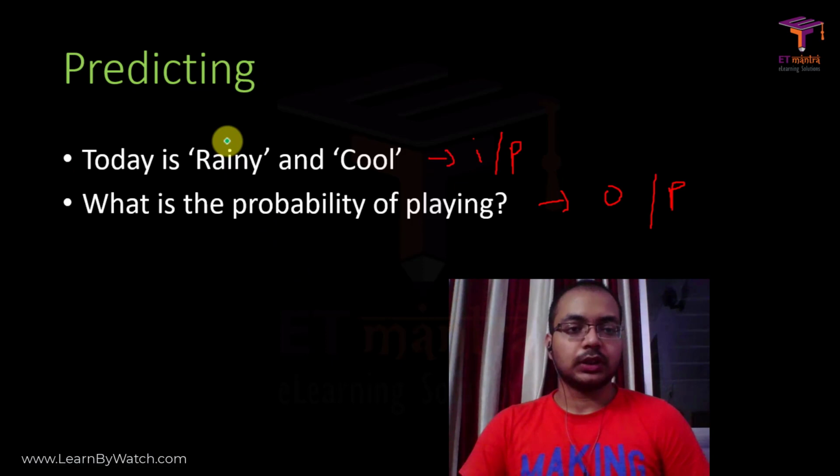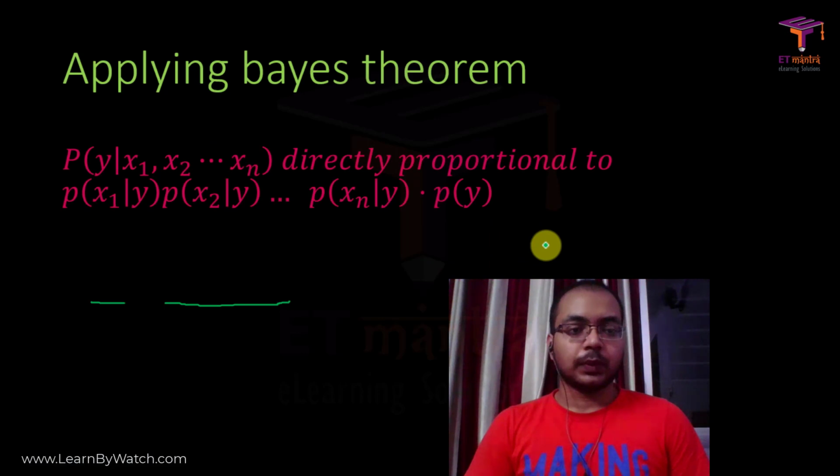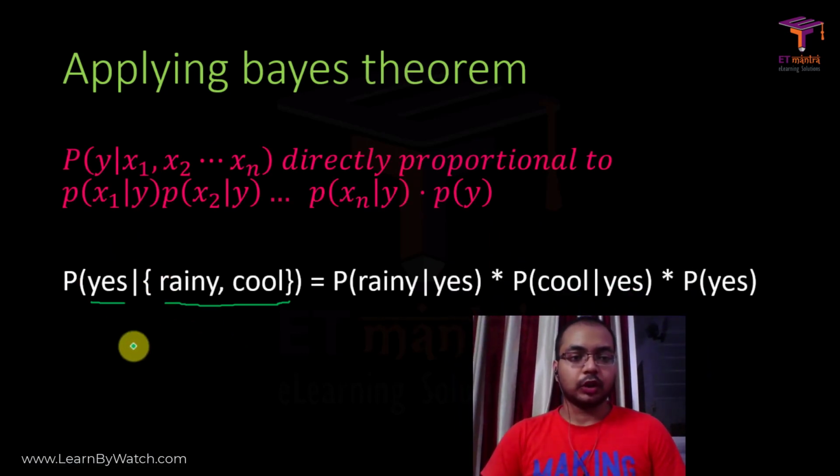Our input features were rainy and cool, and playing means yes. So just plugging these into the formula, we get this equal to probability of rainy given yes into probability of cool given yes into probability of yes. Just remember that it is not exactly equal to, but directly proportional to.